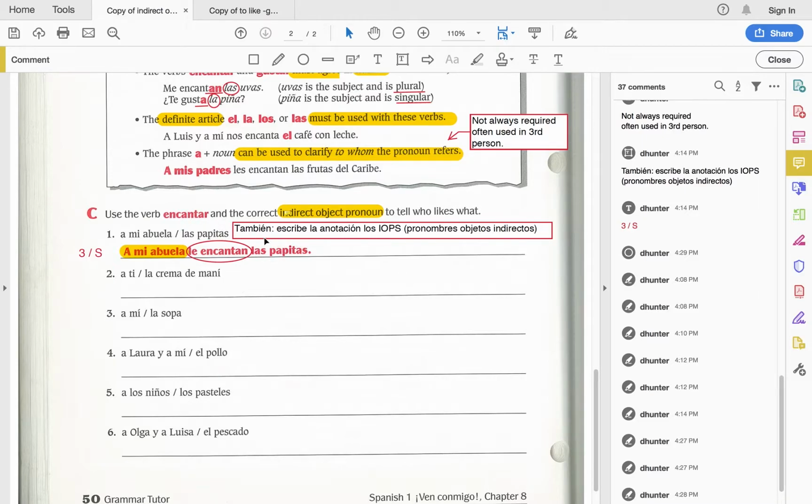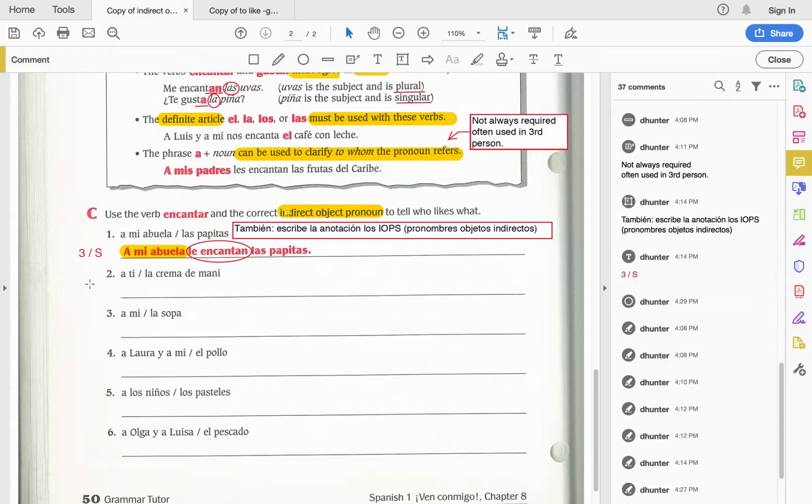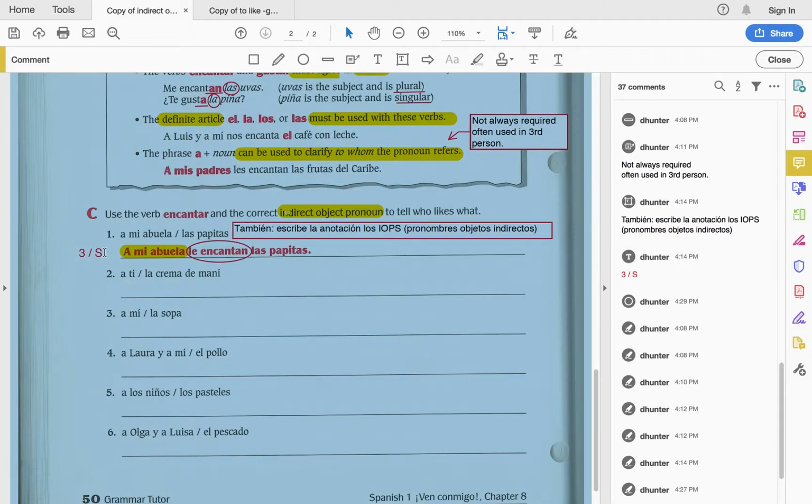After telling what is pleasing, you'll be finished. But wait, I have one more step I want to add in. También escribe la anotación los IOPs, pronombre indirecto, objetos. Bien? So write this type of annotation to tell me who is being pleased.